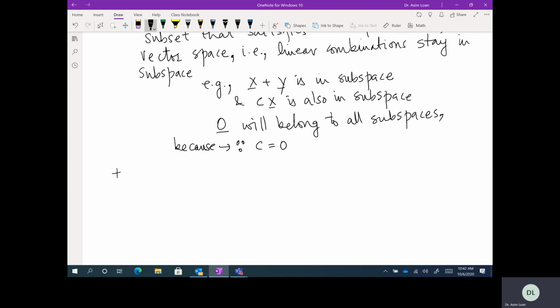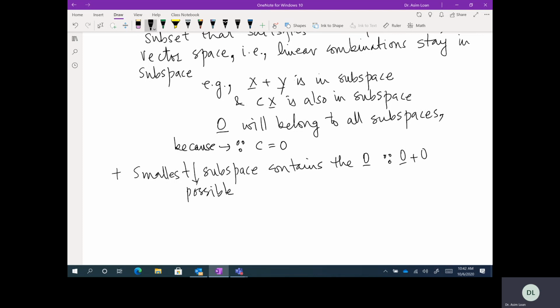So the smallest possible subspace contains the zero vector, because 0 plus 0 equals 0 and C times 0 equals 0.